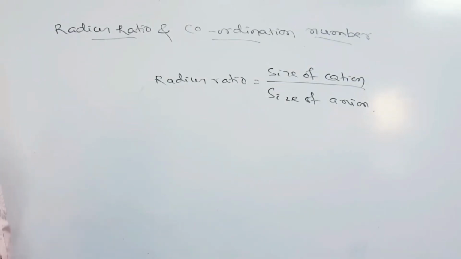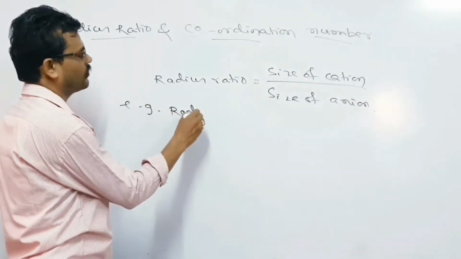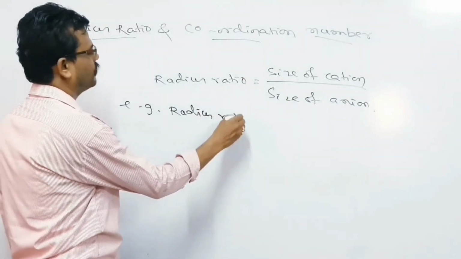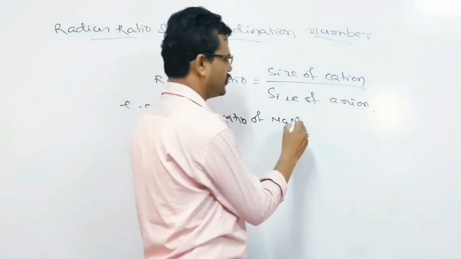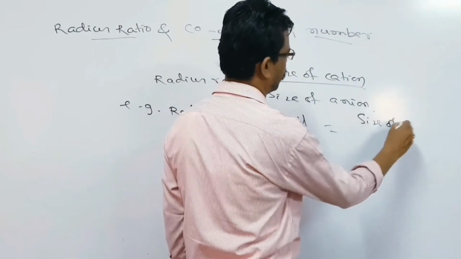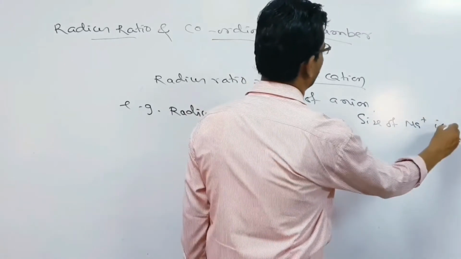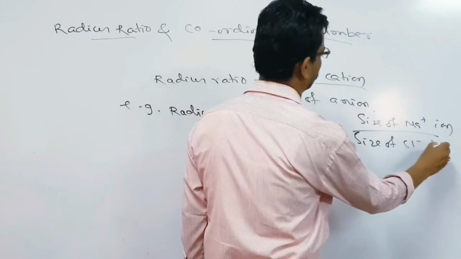Now let us take, for example, the radius ratio of NaCl, sodium chloride. The radius ratio is equal to the size of the Na plus ion divided by the size of the Cl minus ion.